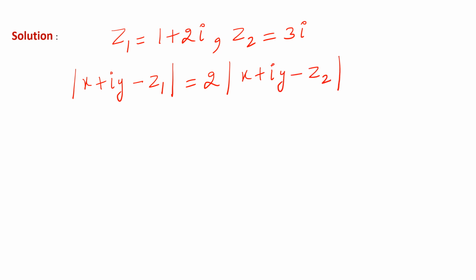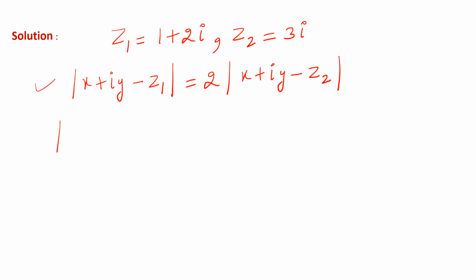Now students, basically in this question, we have to find the locus for the point x, y. And for this purpose, I will use this equation and put the values of Z1 and Z2 in this equation.